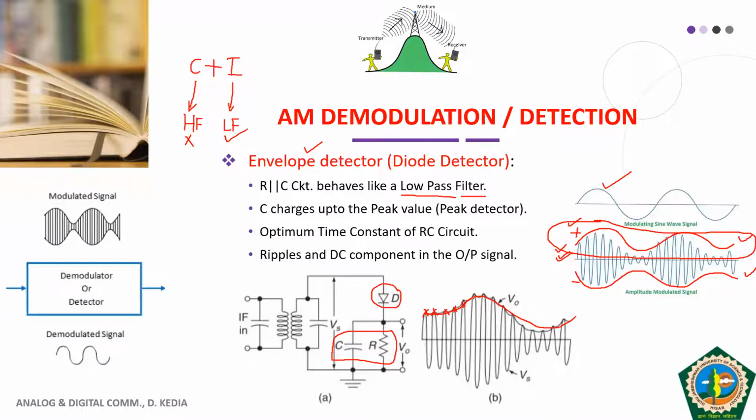If we detect these peaks, then my information signal is extracted, and the rest of the things I can leave apart. Okay, so another important thing in this diode detector circuit or envelope detector circuit is the peak detector part. Okay, fine. I hope all of you have been able to understand this. So now let us concentrate on the circuit. How does it function? Okay.